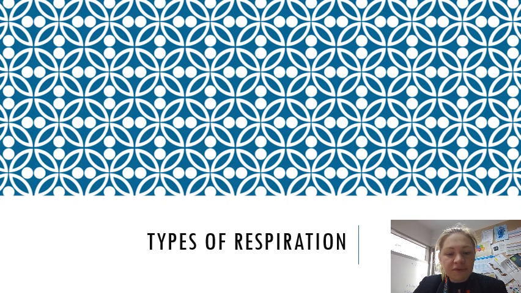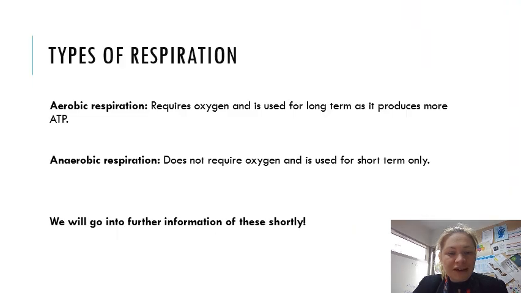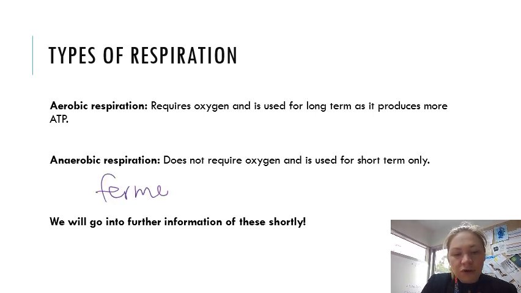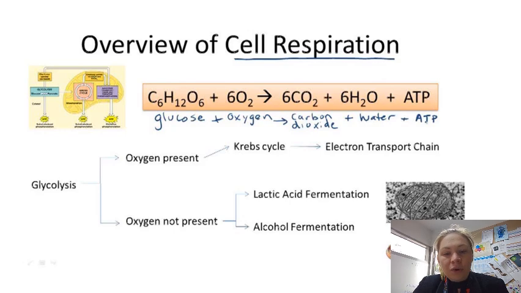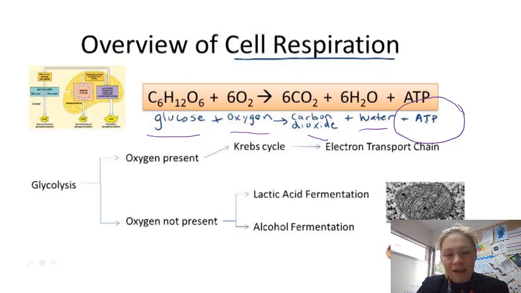So there are 2 types of respiration. There's aerobic respiration and anaerobic respiration, or anaerobic fermentation, which we call it in the new study design. We need to know in Year 12 biology how to write a chemical equation for respiration. So we need to know that glucose combines with oxygen to form carbon dioxide and water, and in doing so releases ATP.